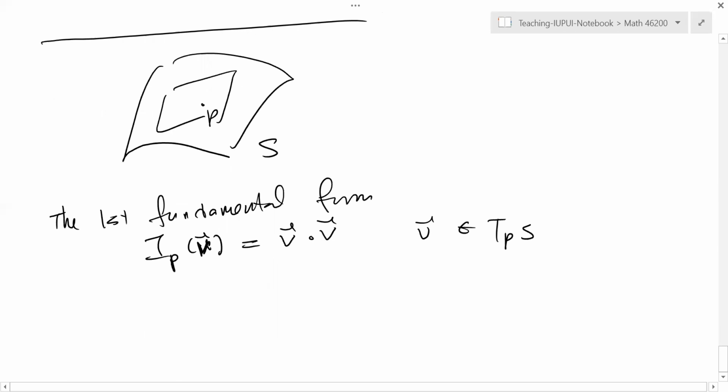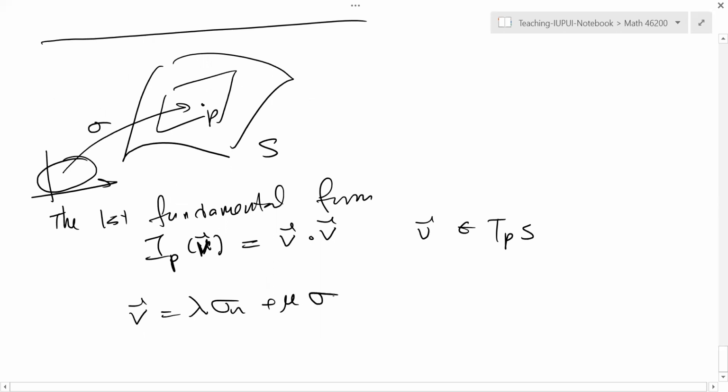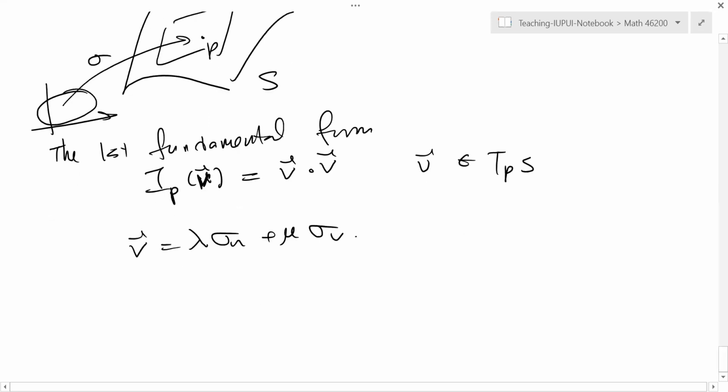And then if you have a surface patch sigma, and v is going to be lambda sigma_u plus mu sigma_v, then you put that in and you will get the inner product: lambda squared E plus 2 F lambda mu plus G mu squared.